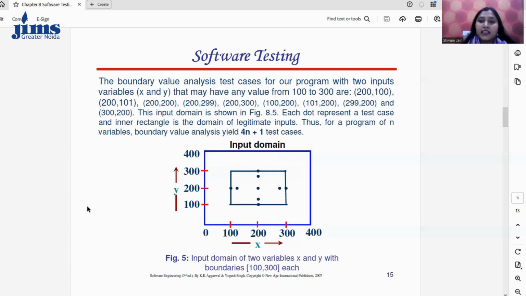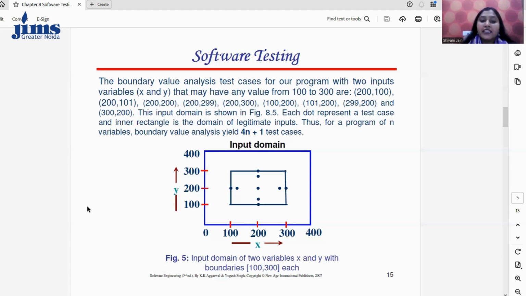So we have two variables x and y, and both of their ranges are 100 to 300. So we will build test cases. In boundary value analysis, we assume that when the program fails, it fails because of a single error. So when we test x on its boundary values, we take the nominal value of y.